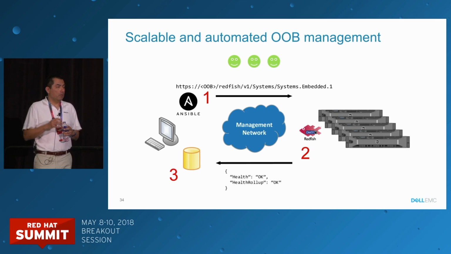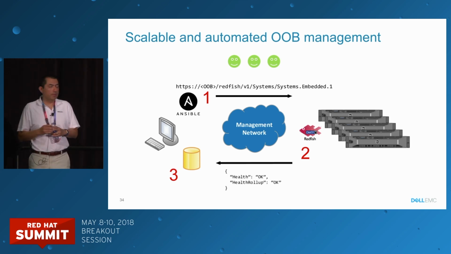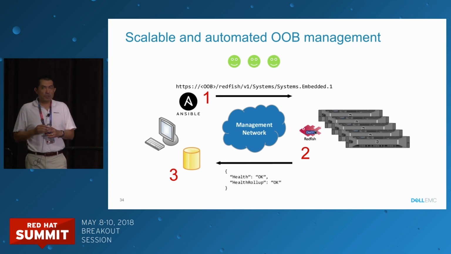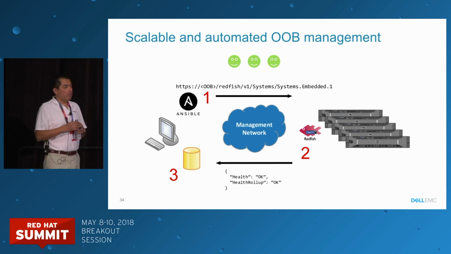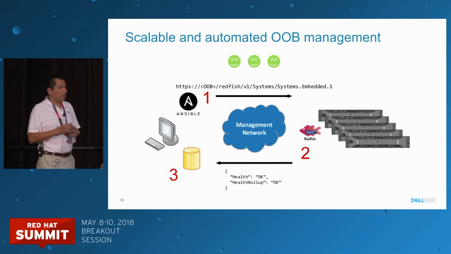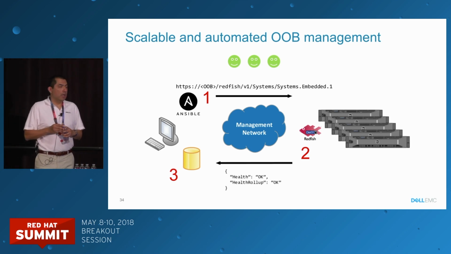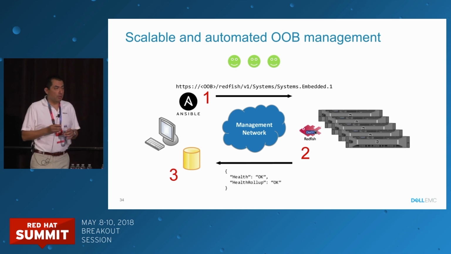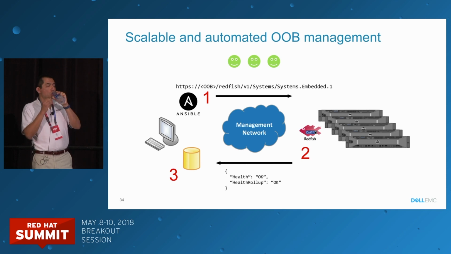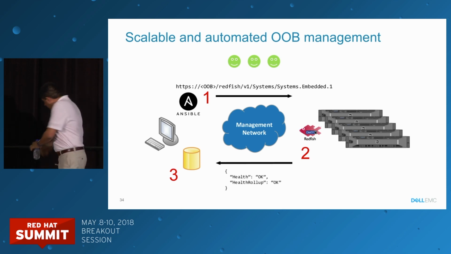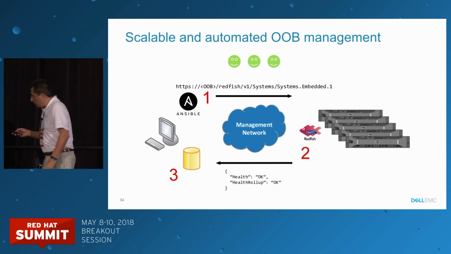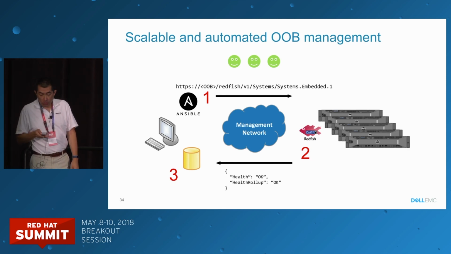We query the servers for information, or we run a command to be executed on the servers, and everything is managed via Ansible. We get our information back from all of our servers, and they are stored in our Ansible controller. They can be stored in a database, for example. They can be stored in text files. There are different ways to do that. So let me show you now what Ansible and Redfish look like together.